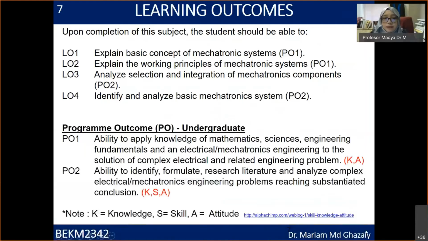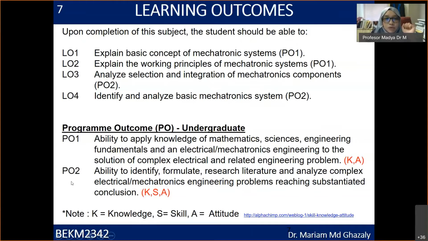If you see here, for the LO, learning outcome, LO1 will be mapped to PO1. PO is program outcome. PO1 is the ability to apply knowledge of mathematics, science, and engineering fundamentals, which means this is the fundamental subject in mechatronics.